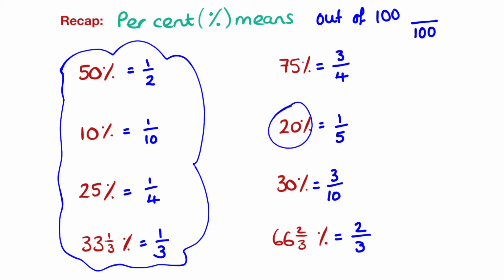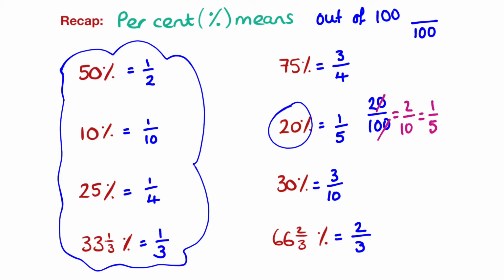So for example, 20% means 20 out of 100. And if we simplify that fraction, we can divide top and bottom by 10 to start with, because we just clock off a 0, don't we, if we're dividing by 10. So we get 2 over 10, and they're both in the 2 times table. So dividing top and bottom by 2 gives us 1/5.